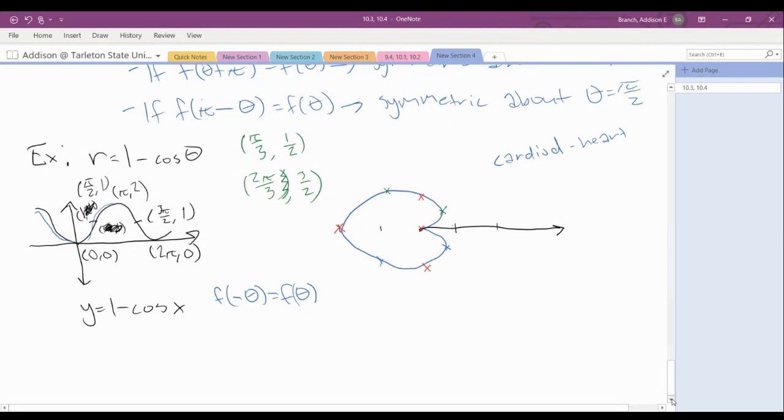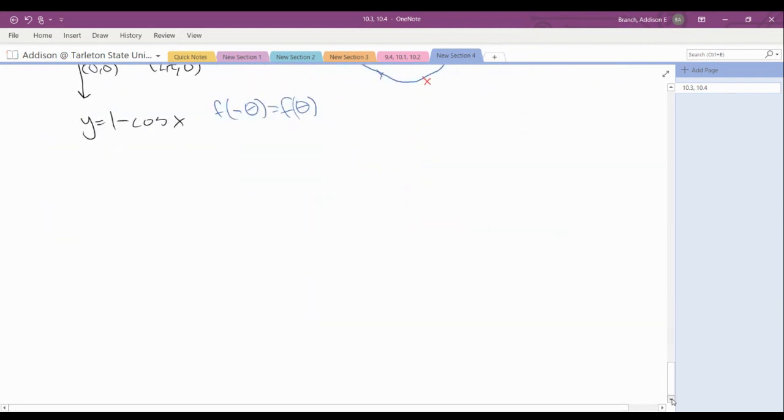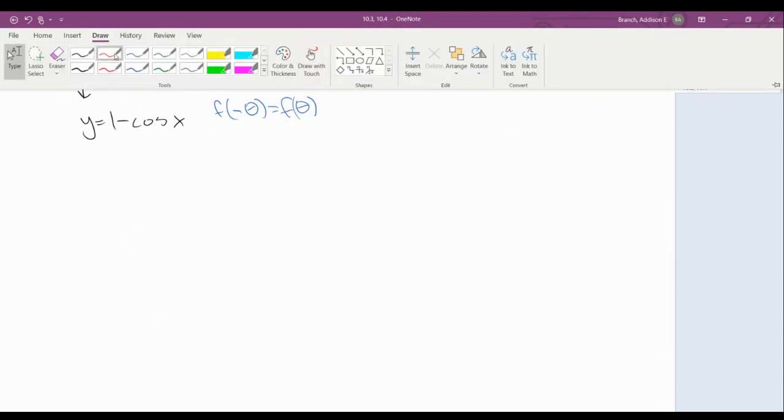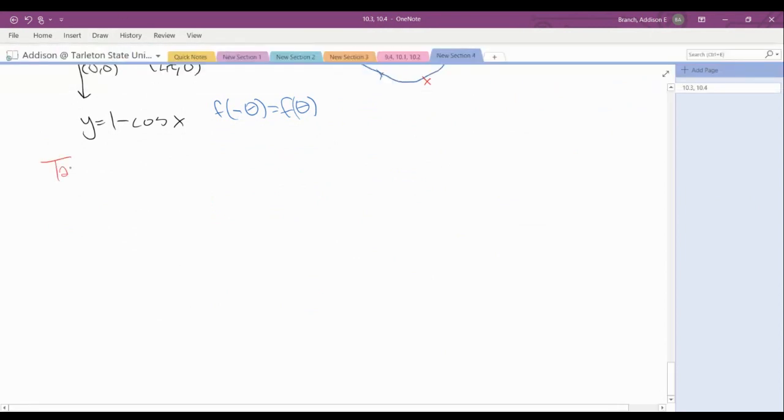Okay, tangent lines. So we said earlier when we were converting that x is equal to r cosine of theta, and y is equal to r sine of theta.